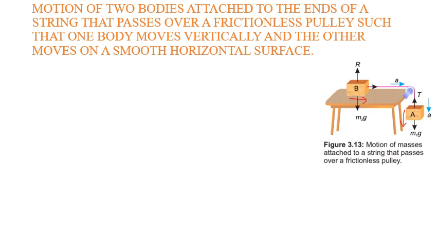So two bodies are attached to the string, inextensible, frictionless pulley, the same assumptions as for the previous condition. So we have to derive the formulas for finding this acceleration and this tension, right?